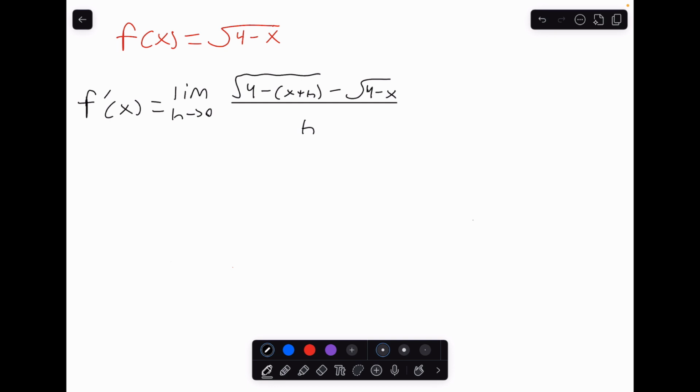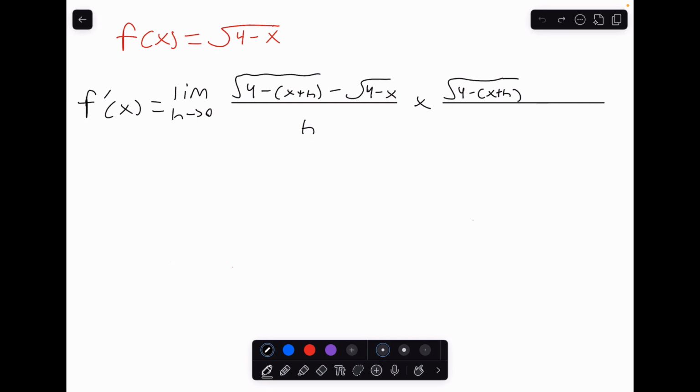So how do we solve limits with square roots in the numerator? Easy. They're conjugate limits. So you multiply the top and bottom by the conjugate. What's the conjugate? The conjugate is the exact same thing as the numerator, but we switch the sign between the two terms.